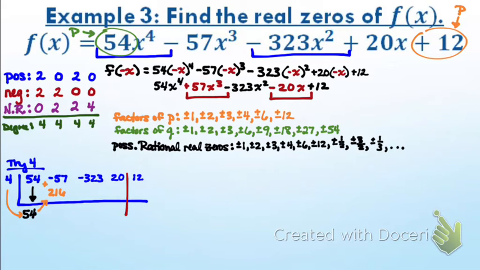What is 216 minus 57? 159. Then we have to do 4 times 159. 636.